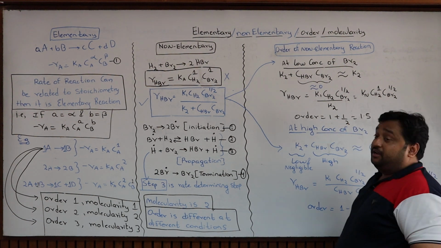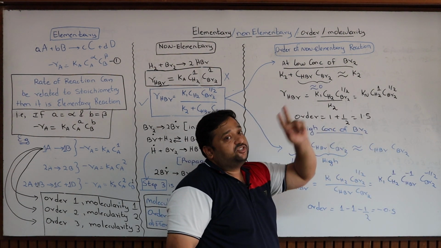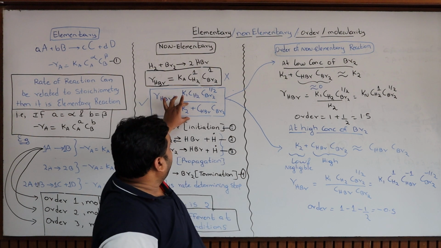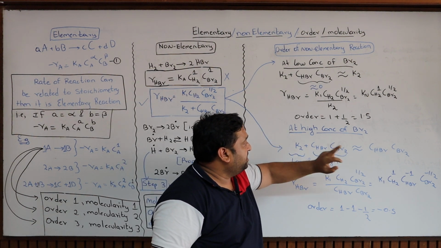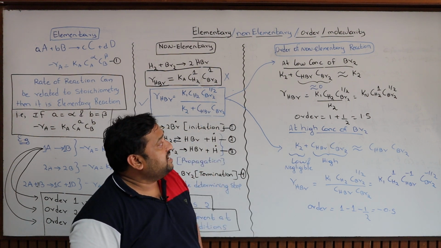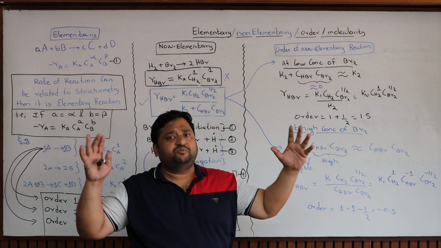Let us take another condition: at high concentrations of Br2. Take the denominator, K2 plus the concentration of HBr times the concentration of Br2. What is happening here? I told you that the Br2 concentration is very high.